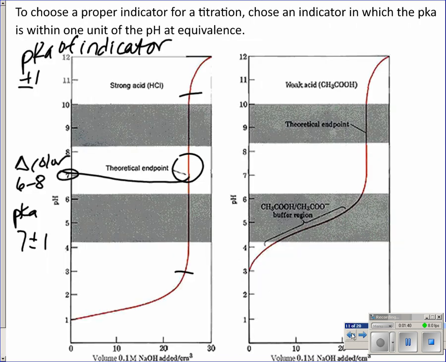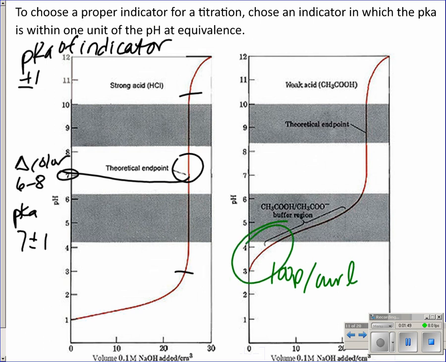So going back, you've also got this other curve where you can see some of the iconic things I told you about. For weak acids, you've got the little loop or curl area at the bottom. That's iconic of your weak acid titration. And then your buffer region here, where the pH is staying relatively constant. It is a buffer region, so you will see some pH changes, just not drastic pH changes.